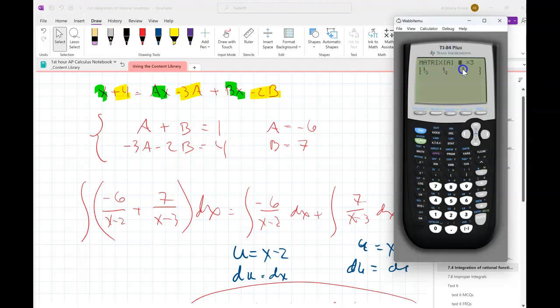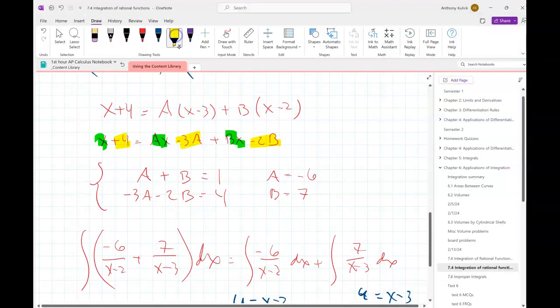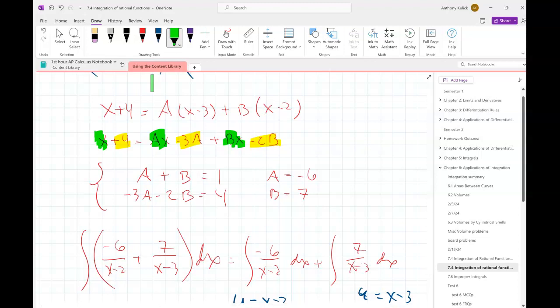Oh, you're asking how I got this equation? So the terms with the x have to add up to give me the x. So a plus b has to give me 1, the coefficient on the x. The constants have to add up to give me the constant. So negative 3a and negative 2b have to add up to give me 4. Does that make sense?